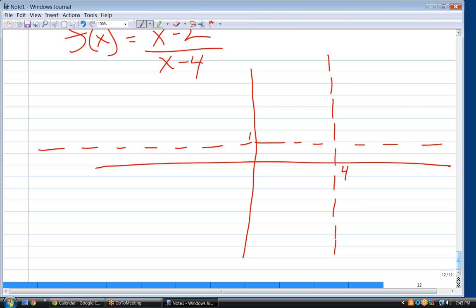Put in x equal 5, and what do you get? 3 over 1, so 3. Right. So if x is 5, we're up here. That tells us which quadrant we're in. That means we're definitely up there. And the other side of that is down here.